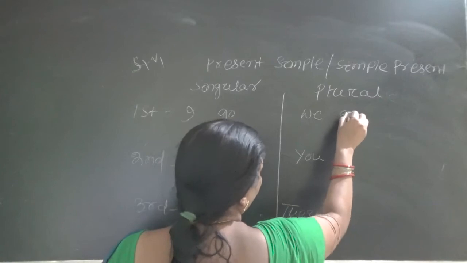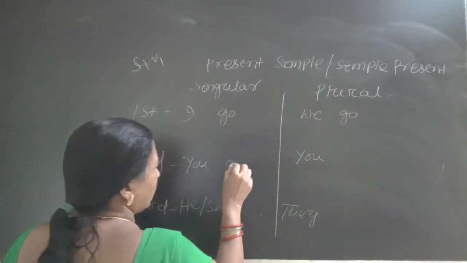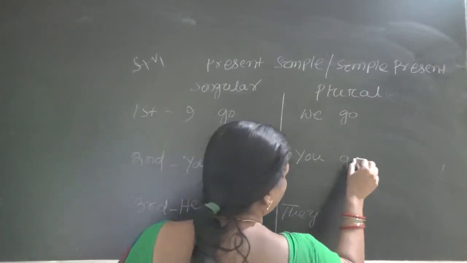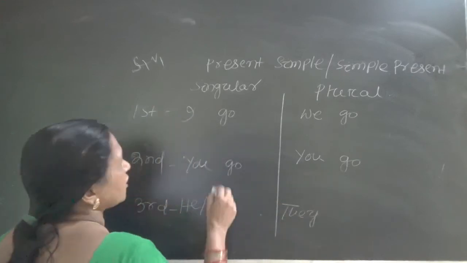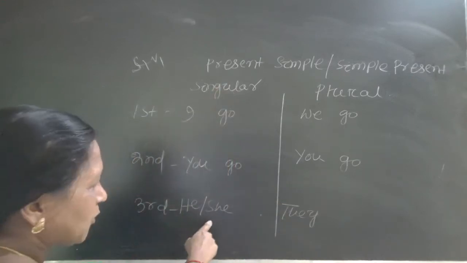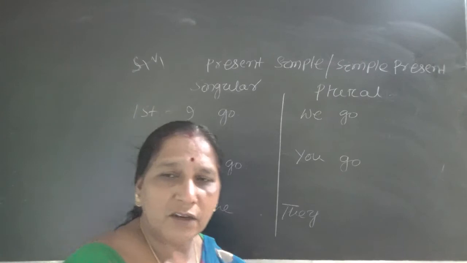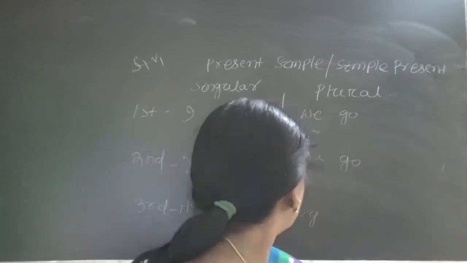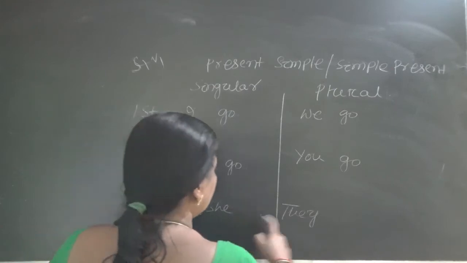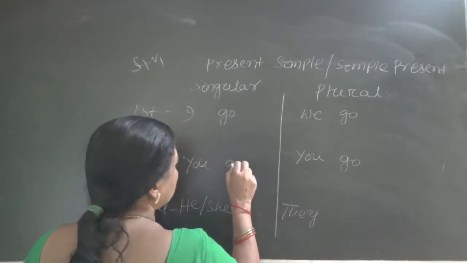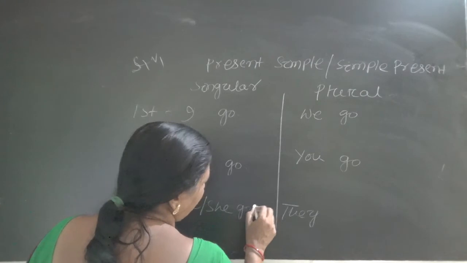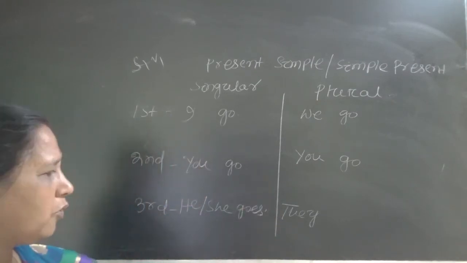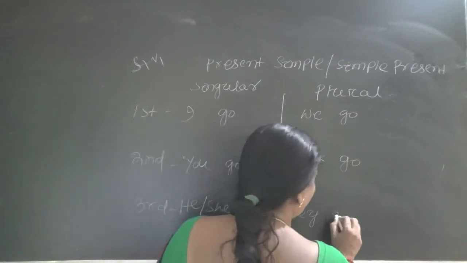We go. You go. You go. He or she, here is the singular third person, subject is he or she, Rama, Hari, Gopal, etc. Here the verb form is verb plus S: go plus S, goes. And plural is similarly, they go.